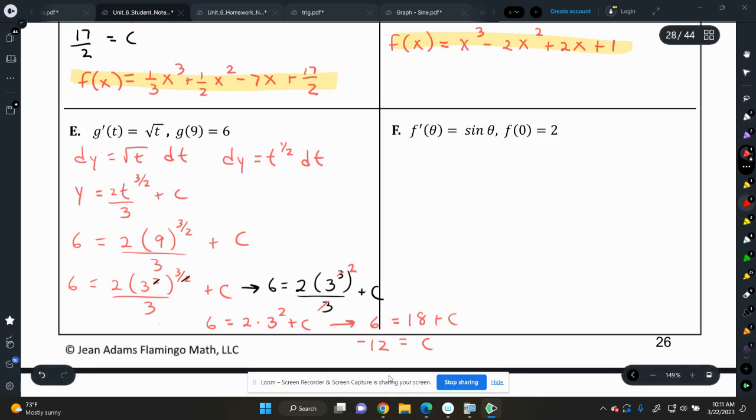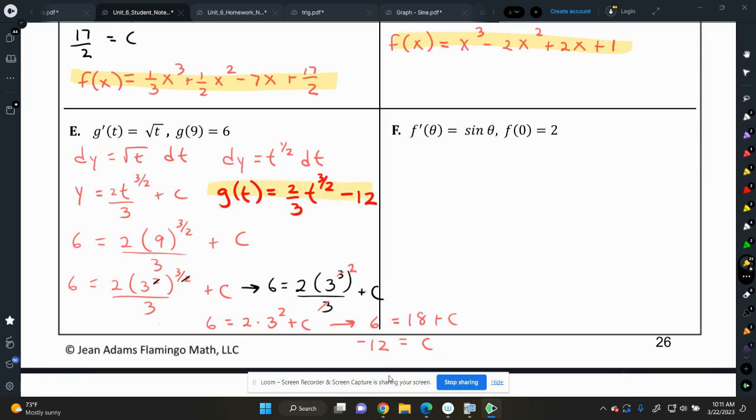So my g of t equals 2/3 t to the 3/2 minus 12. So I didn't have to do any fancy work with my 9 to the 3/2. I just had to know how to simplify that.